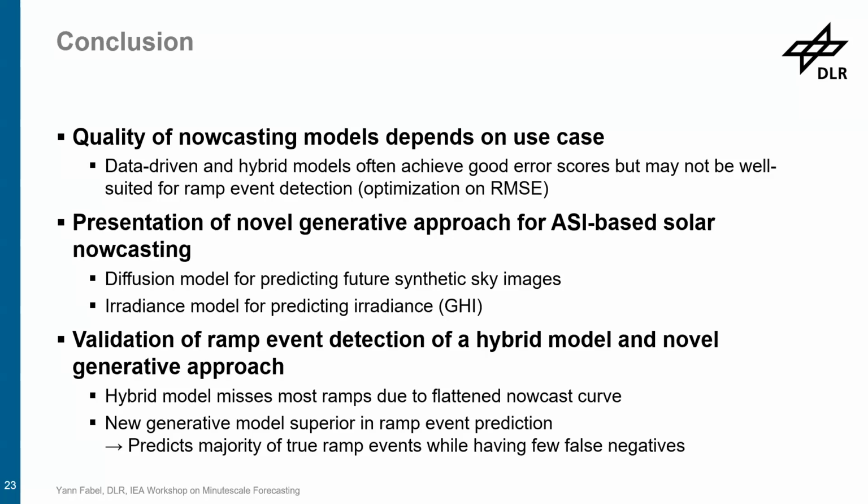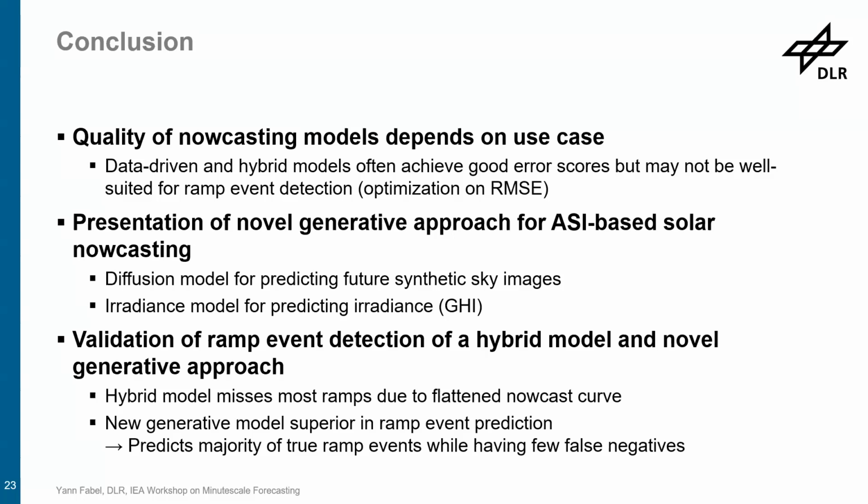a few things. The quality of nowcasting models in general depends on the use case. Data-driven and hybrid models, as they have been developed so far, are quite good in achieving good error scores, but they may not be well suited to detect ramps as well, because they are optimized in RMSE.